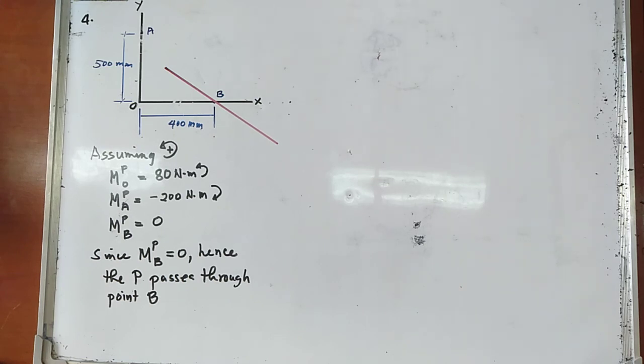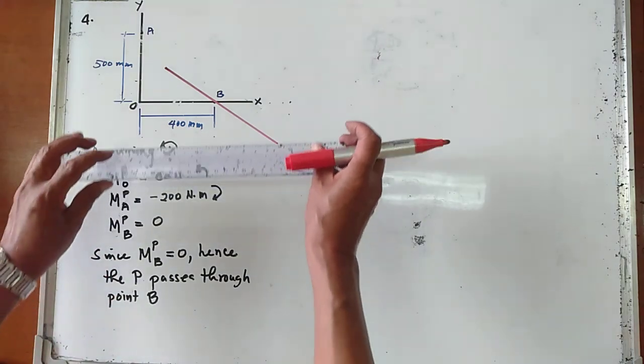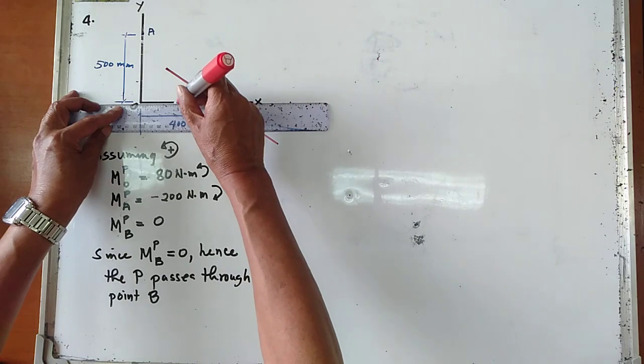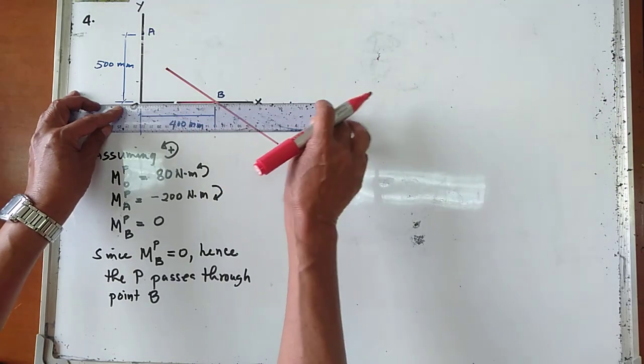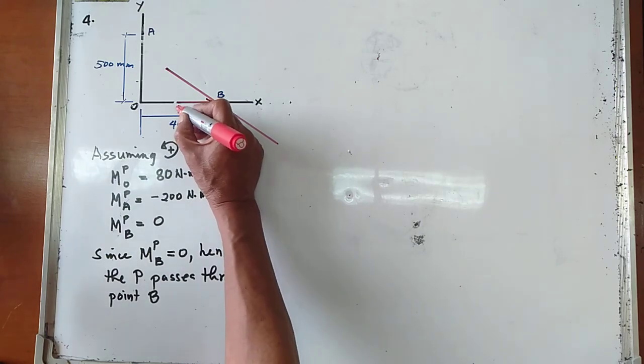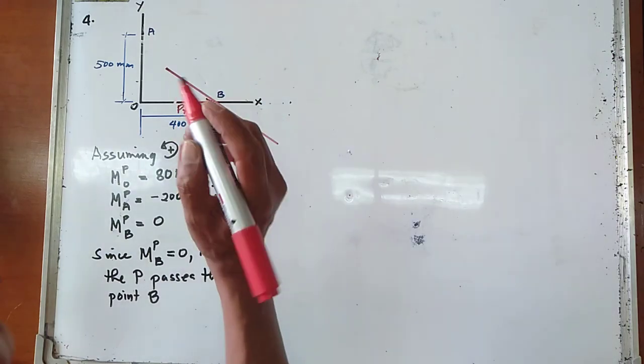Now, if I am going to resolve the component of the force P at point B, this is the component of the force P in the x-axis. I'm going to consider that one as Px.